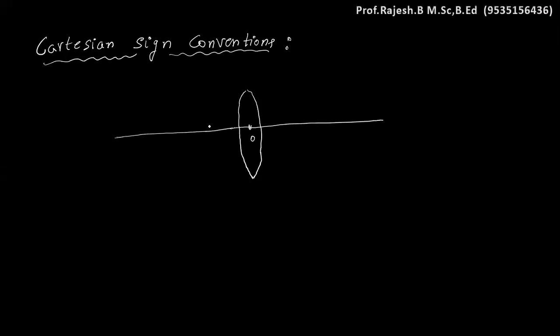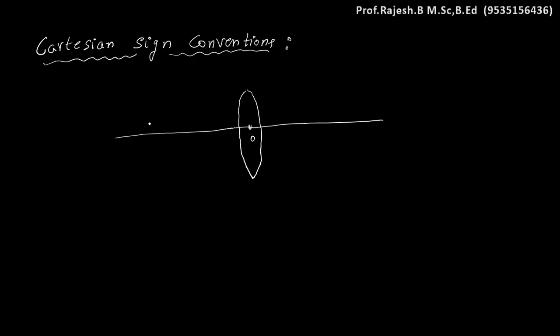All the distances are measured from the optical center along the principal axis. Whether you measure the object distance or the image distance, you have to start from the optic center only. Got it?